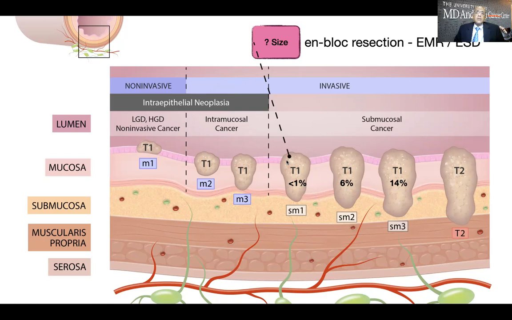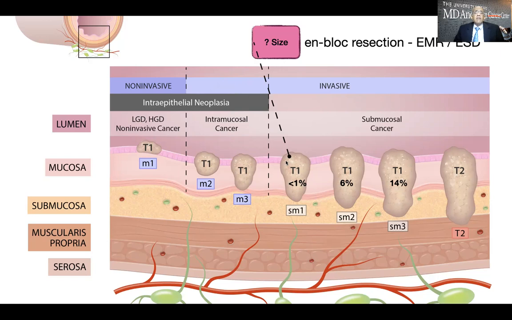When the lesion goes into the superficial one-third, that is early superficial adenocarcinoma, if the lesion is small and can be removed en bloc, you could consider endoscopic mucosal resection. If the lesion is large and you cannot resect it en bloc, you may want to consider endoscopic submucosal dissection.